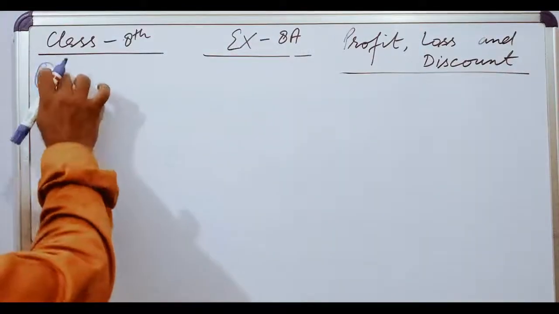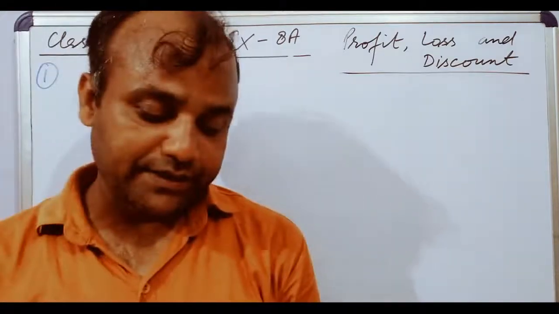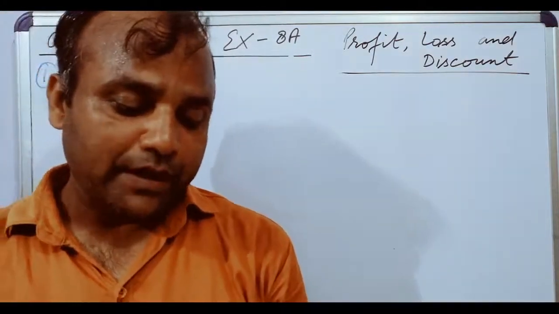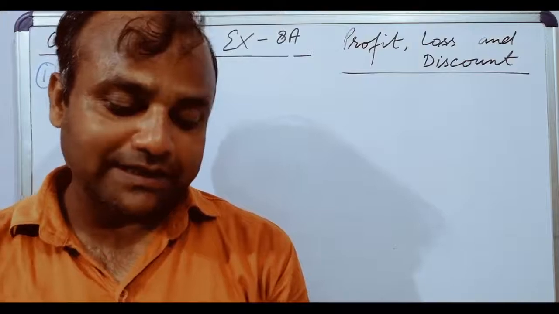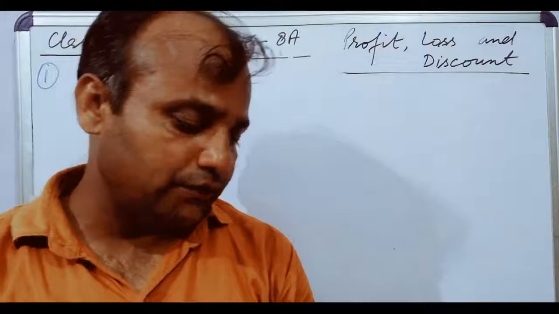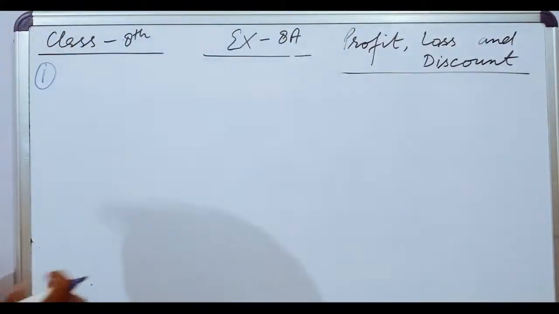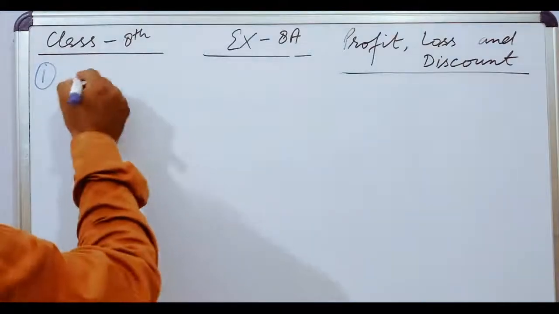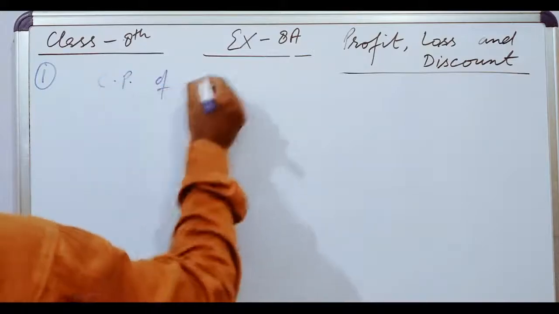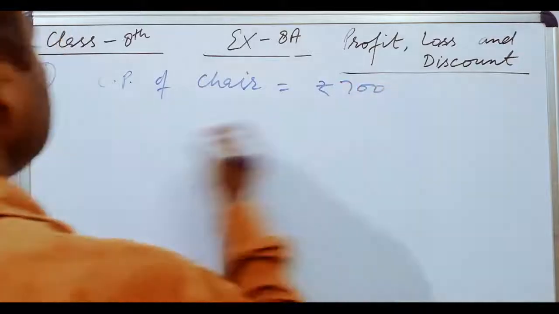Question number 1. A person purchased a chair for rupees 700, spent rupees 170 on its repair and rupees 30 on the cartage. If he sold the chair for rupees 1080, what is his gain percent? So first, CP of chair equals rupees 700.